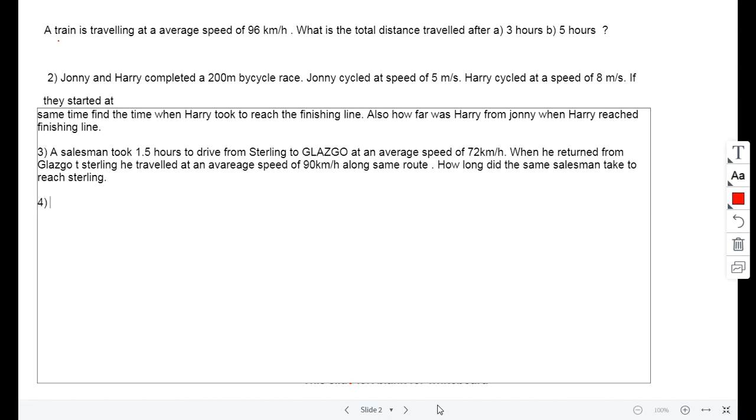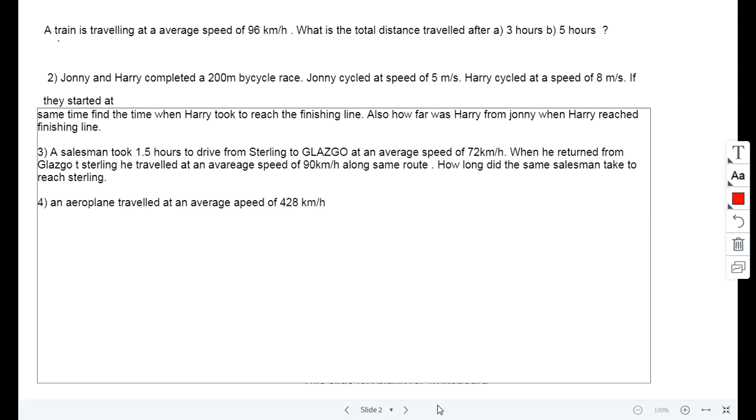So an aeroplane traveled at an average speed of 428.